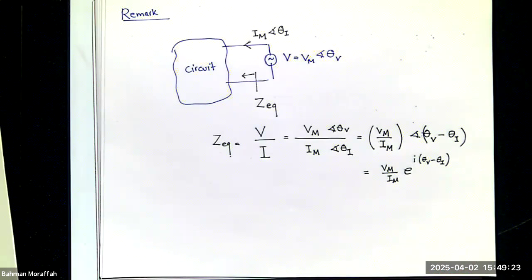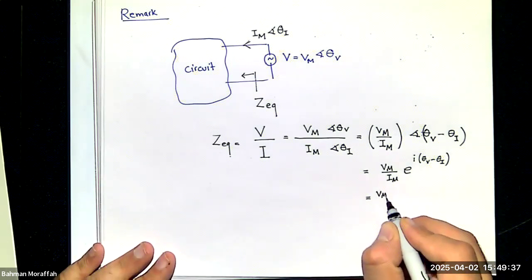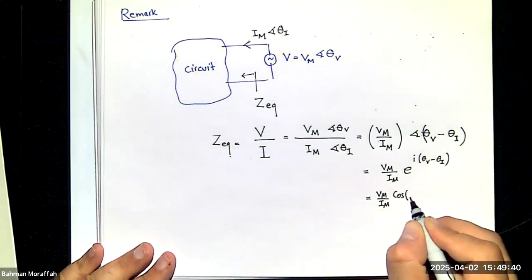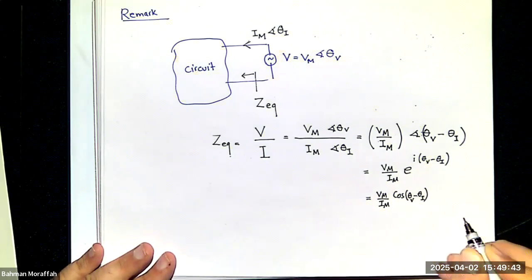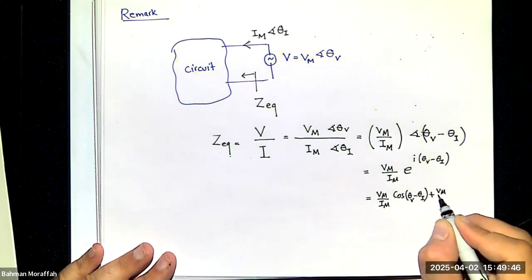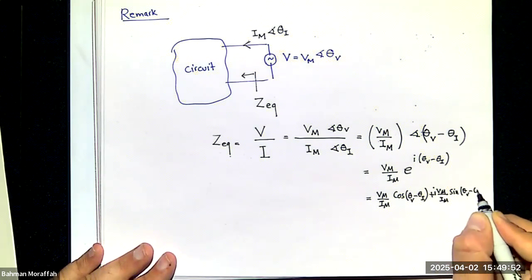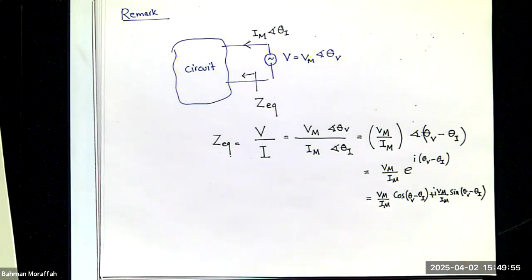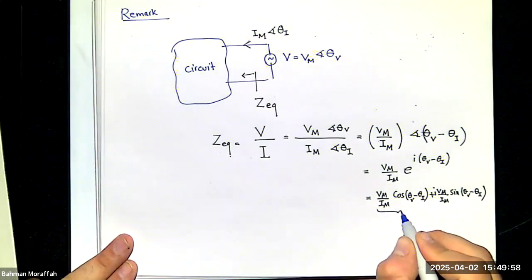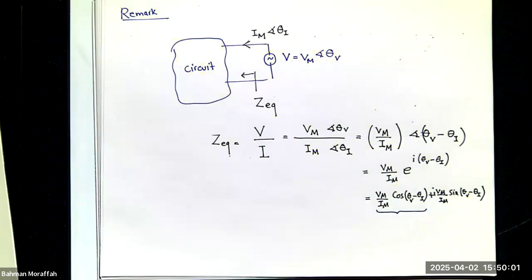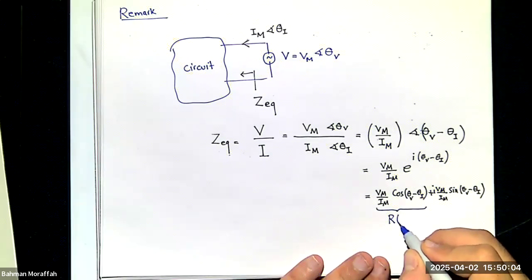So if I have this, I know the Cartesian representation as well. What is the Cartesian representation? It's Vm over Im cosine(theta V minus theta I) plus i times Vm over Im sine(theta V minus theta I). This is my real part, so let's call it R as a function of omega.